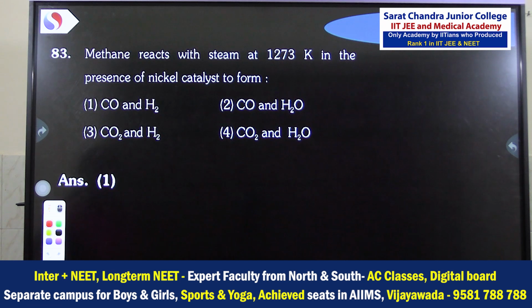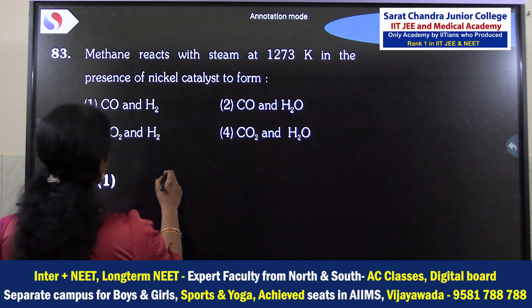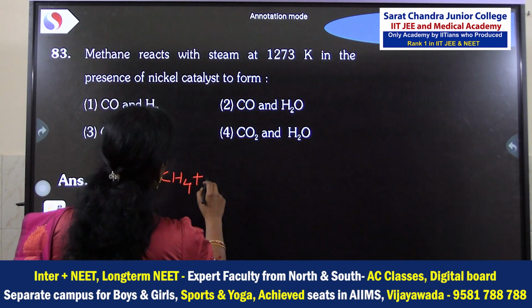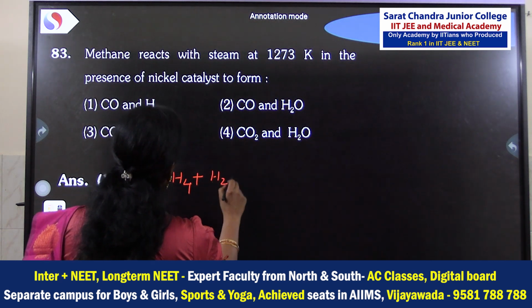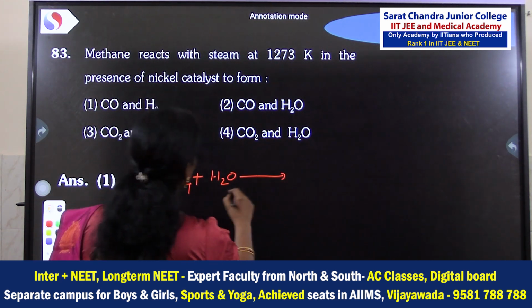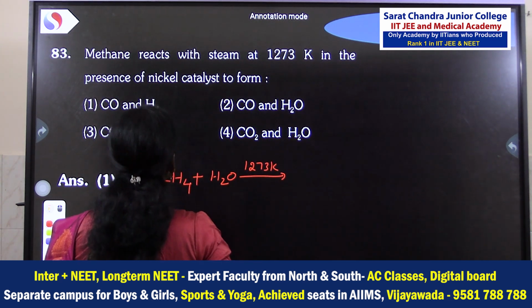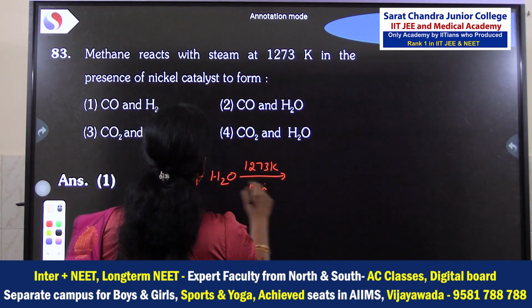Next, 83. Methane reacts with steam at 1273 Kelvin in the presence of nickel catalyst to form... So methane reacts with steam. Steam means water vapor, H2O, at a temperature of 1273 Kelvin and nickel catalyst.